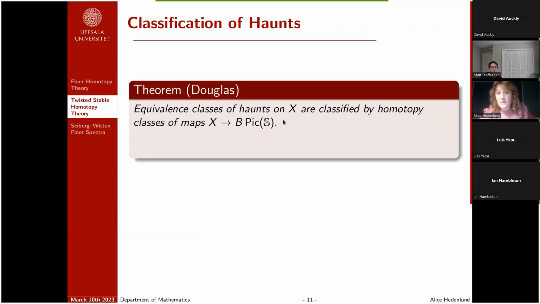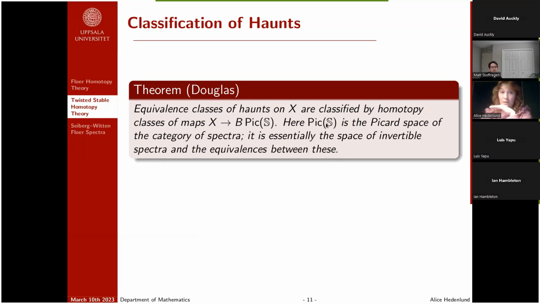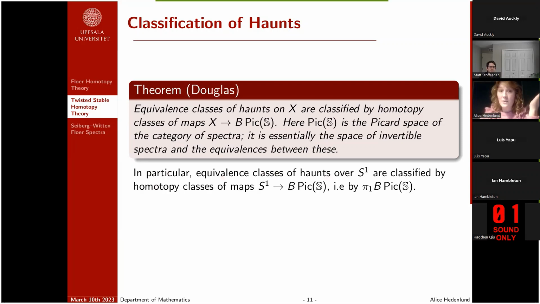The Picard space of the sphere spectrum is essentially the space of invertible spectra and the equivalences between these. So in particular, once you have something like this, you can prove that the suspension spectra that I wrote down on the previous slide are, up to equivalence, the only things that you have over the circle.